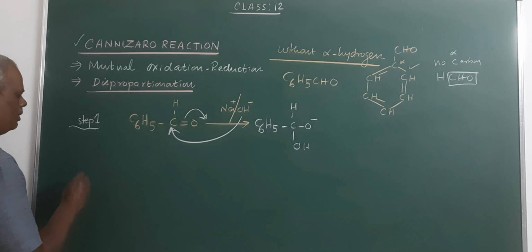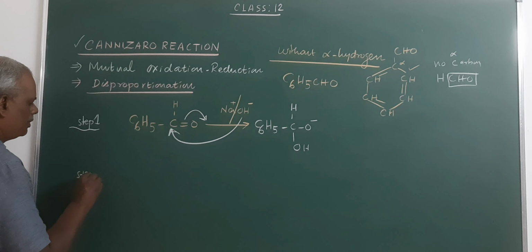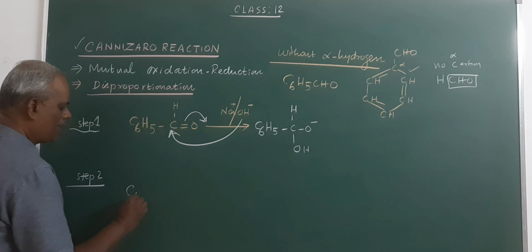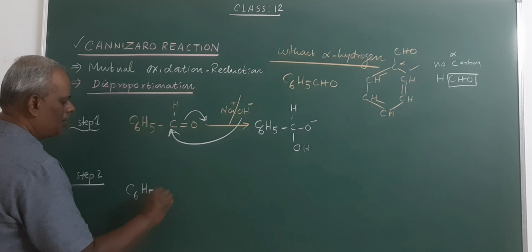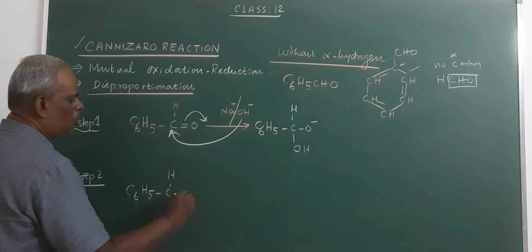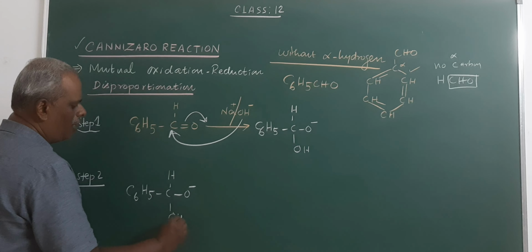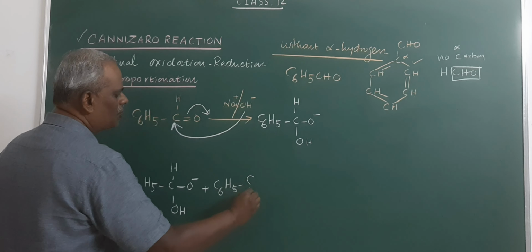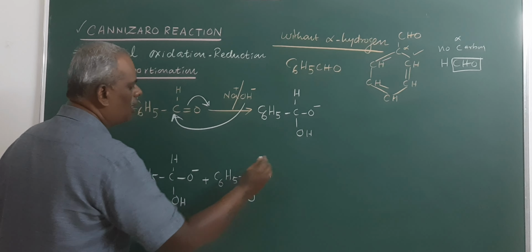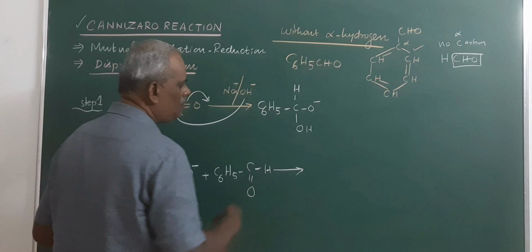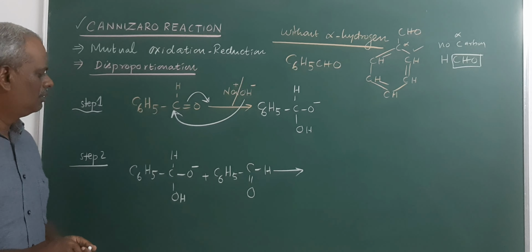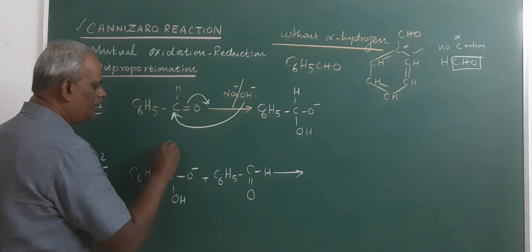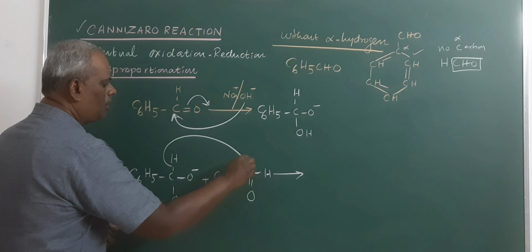After this step, in the second step, step number 2, write this substance on the reactant side: C6H5 CH O minus and OH. Now this is to be treated with the second molecule of benzaldehyde. Then what happens? There is a chance of transfer of this hydrogen to the carbon atom.